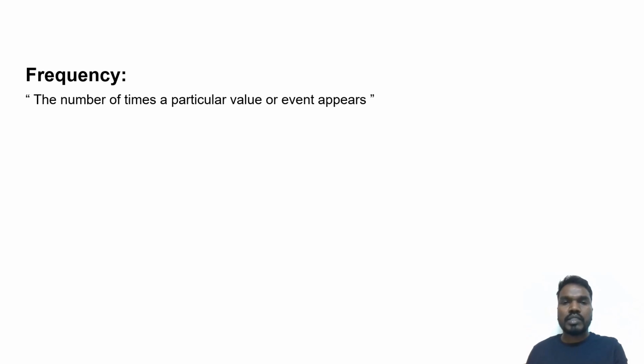So mathematics is 12, therefore 12 is the frequency of mathematics. That means there are 12 students who gave their response as mathematics as their favorite subject, right? So this is the word we use from now onwards.